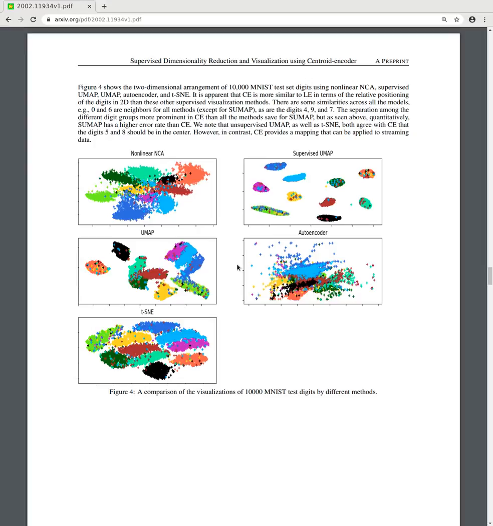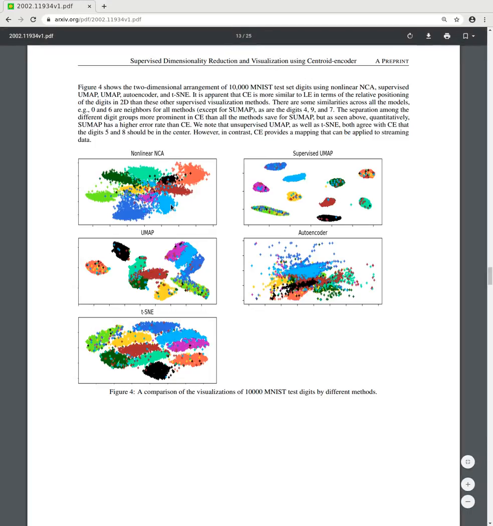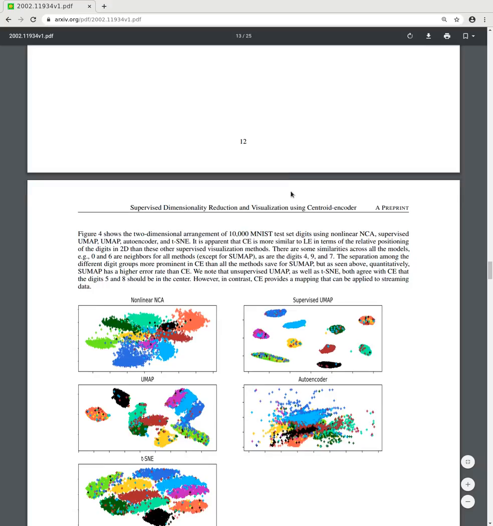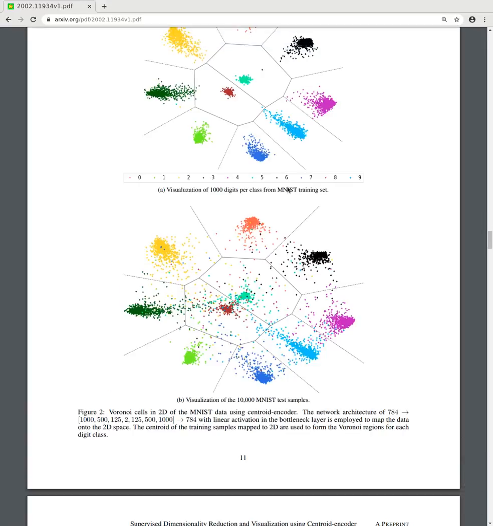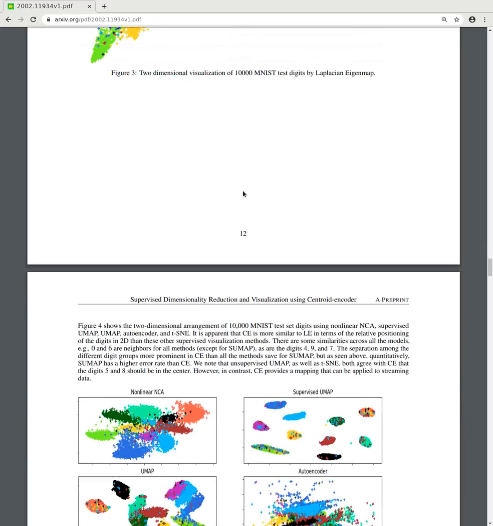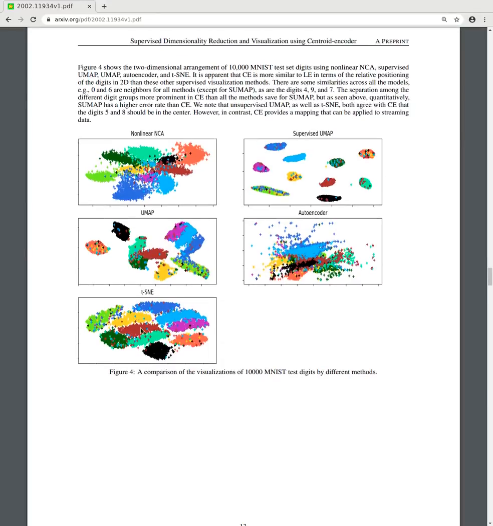They have these very separate clumps of data, with a mixed class where one of the classes is dominating, but they have nothing in the middle, right? But in the case of the Centroid-encoder, we actually do have some data in the middle, spread out more. So that seems to be giving a better visualization.